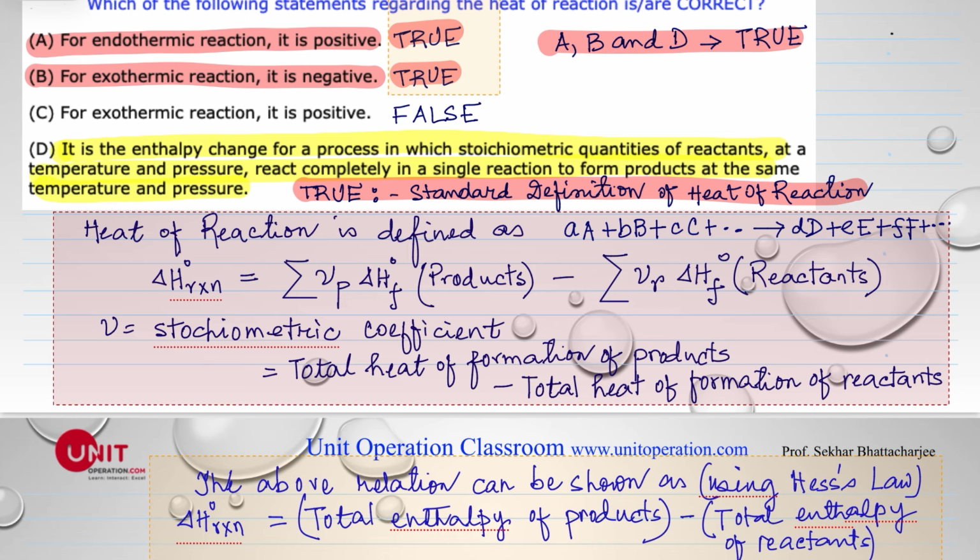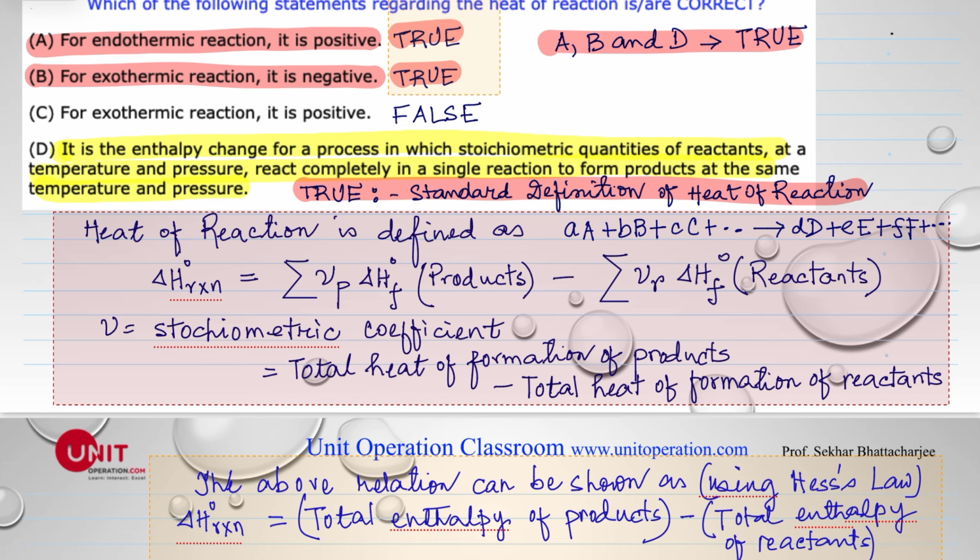That means the heat of formation of each reactant multiplied by its stoichiometric coefficient. So the heat of reaction is equal to the total heat of formation of products minus the total heat of formation of reactants. Of course, the above relation can also be shown using Hess's law. I'm not going into the details. The heat of reaction is equal to the total enthalpy of products minus the total enthalpy of reactants.